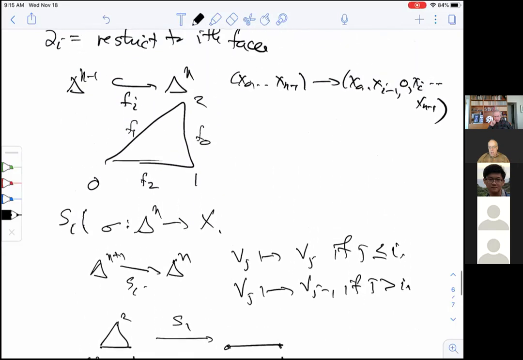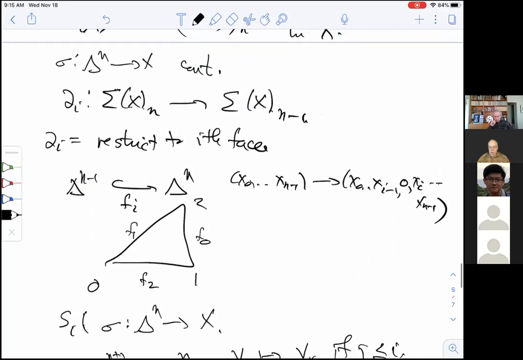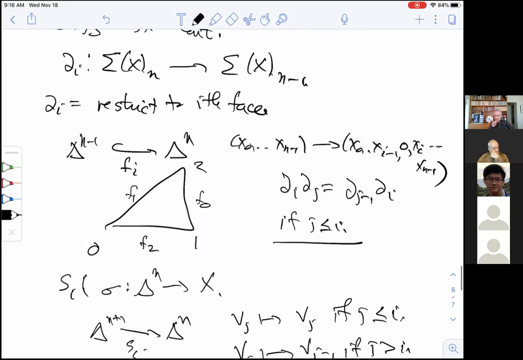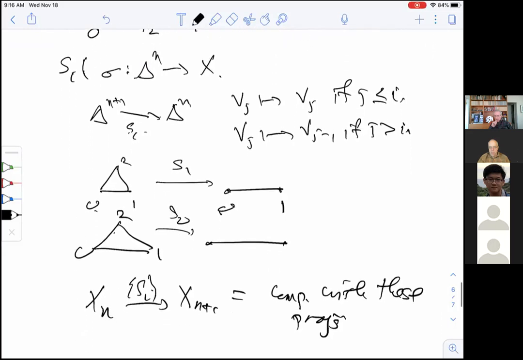So you can imagine their various relationships. If you take two boundaries, well, you'll put in two zeros here, and you could do it in two different ways. And the formula, I don't know if I have the signs right, but it's something like d_i d_j is d_{j-1} d_i if, I don't know, j is less than or equal to i I think. There are similar formulas for compositions of the s_i and formulas for composing the s_i and the boundaries, various quadratic expressions like that.